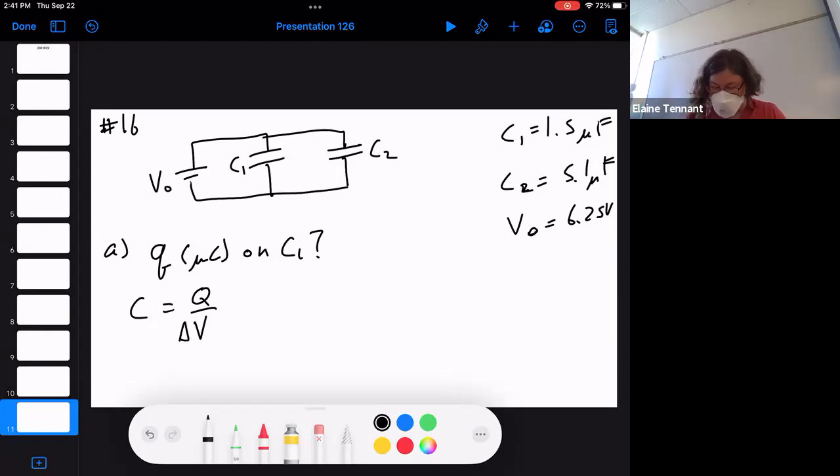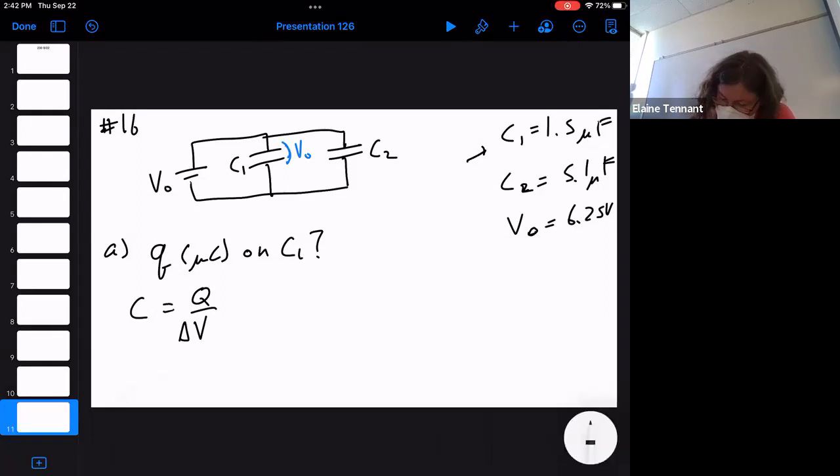Okay, so the capacitance, which we have, what C1 is, is in this equation. It has what we want, Q. What about the potential difference? Can you guys tell me the potential difference after I hook this capacitor up to the battery? 6.25, excellent. So this is going to be the voltage across the battery. Perfect.